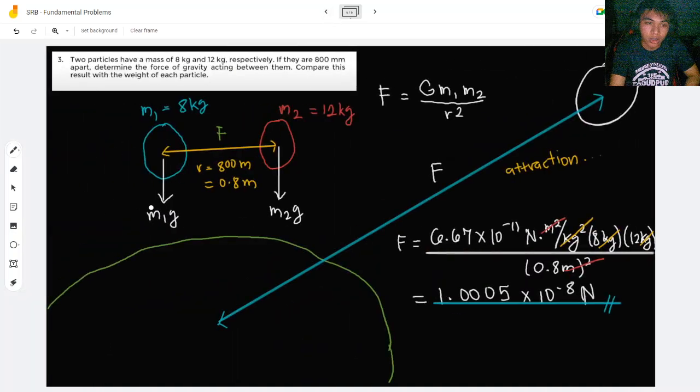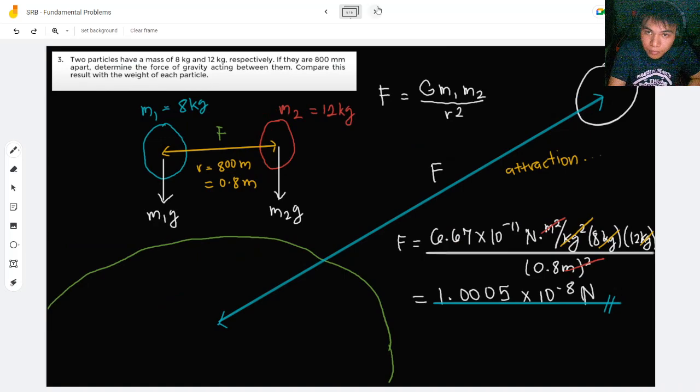Let's put the weight 1, and we also have a weight 2, and this would be m sub 1 times the gravitational acceleration, and m sub 2 times the gravitational acceleration, as we can see right here.